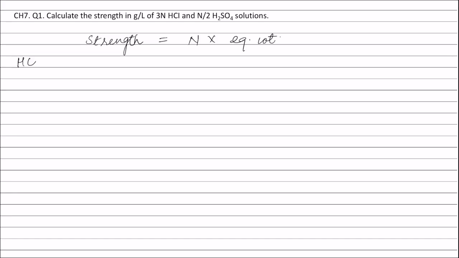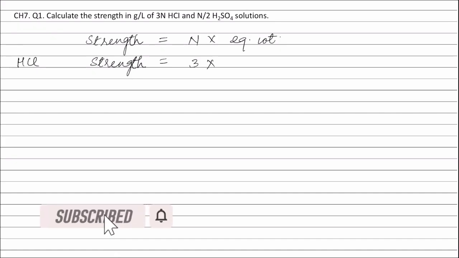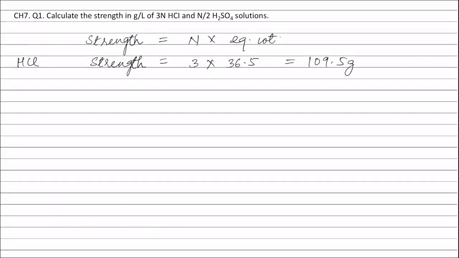Now for HCl, the strength of solution will be normality of HCl, which is given as 3, and equivalent weight of HCl is 36.5. So this is equal to 109.5 grams per liter.